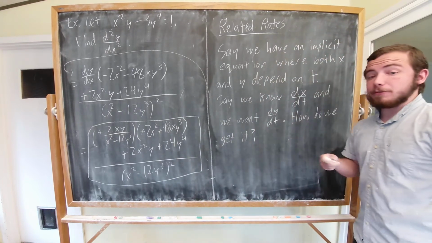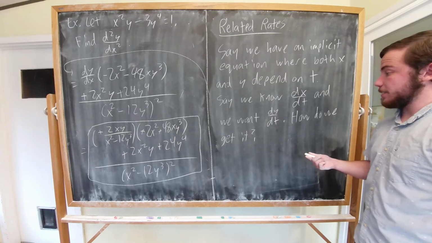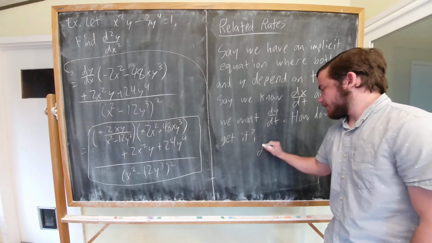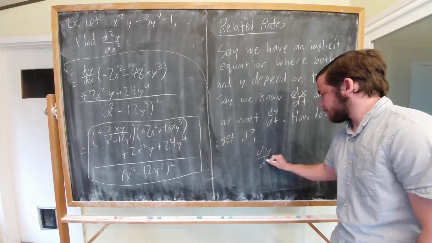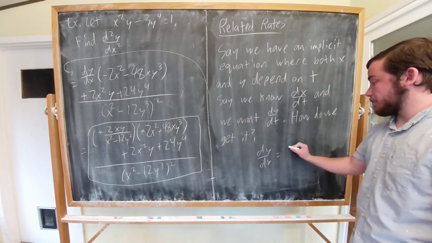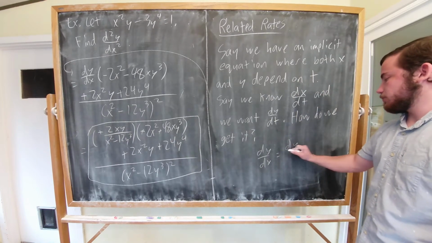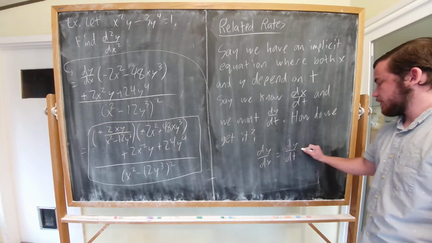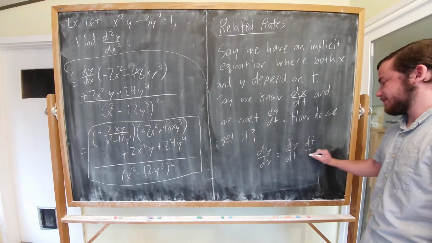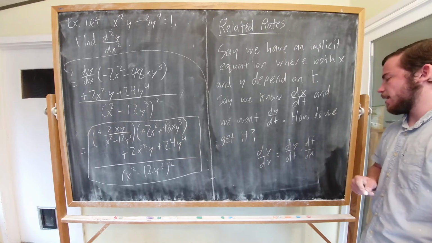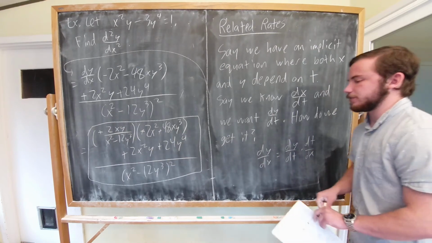Because if we want just dy/dt by itself, we might say, well, okay, get dy/dx, and that is, by definition, equal to dy/dt times dt/dx. Once you know dx/dt, you can kind of backsolve for dt/dx.